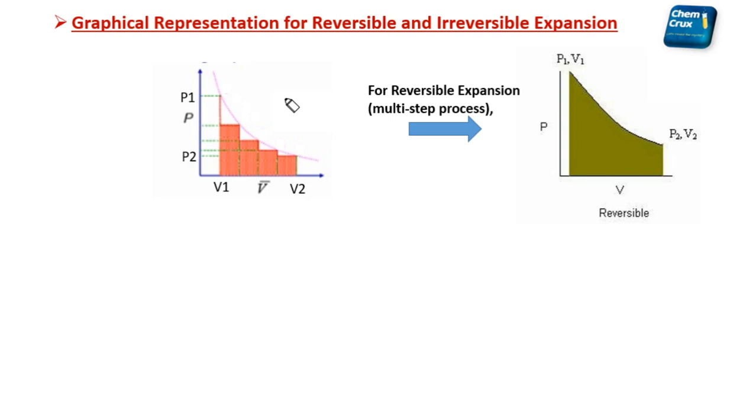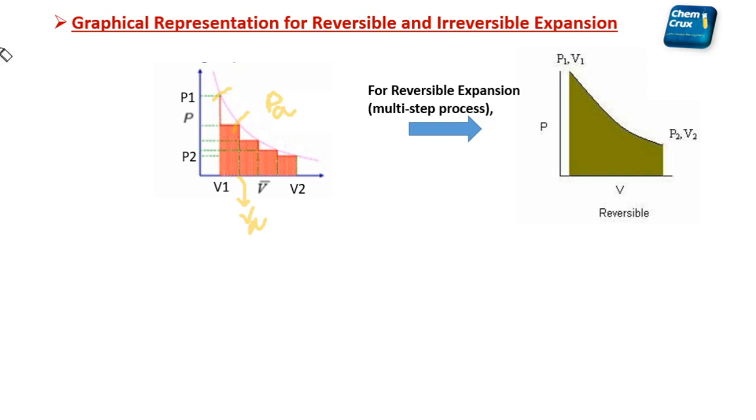And to find out the net work done, we should find out the work done for each of the small steps. Now let us find out the work done for the first step. Say for the first step the pressure has decreased from P1 to say PA and volume has increased from V1 to say VA.